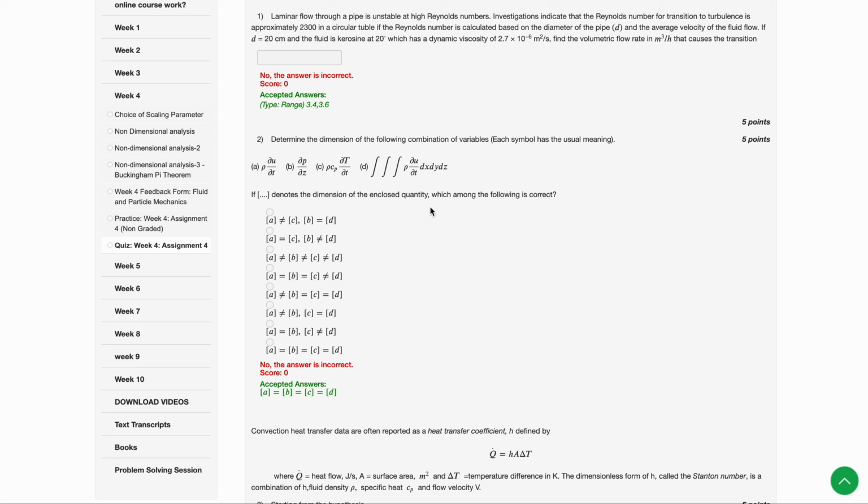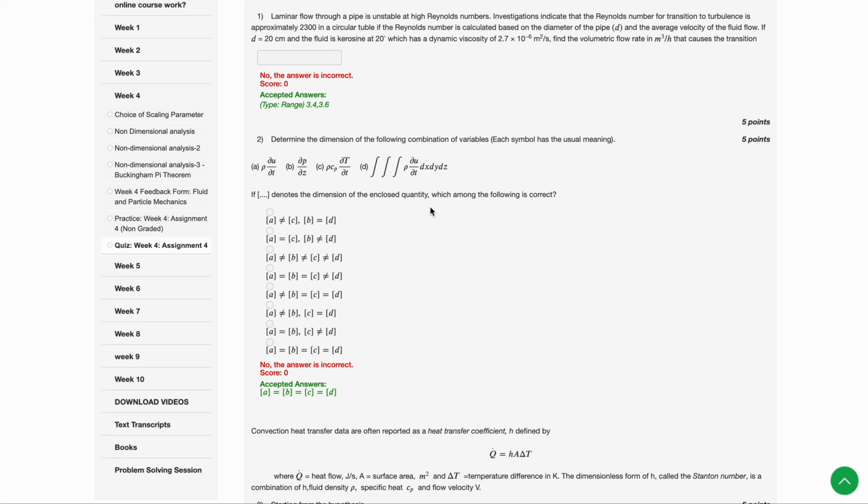So let me first write down the different quantities which are given. In A it's given rho dou u dou t. In B it's given dou p dou z.